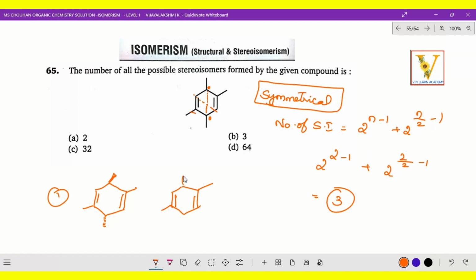So here both sides are wedge, and the mirror image will be the other one, where both sides are dash, right? Mirror images. So this is just the opposite, this is a dash.